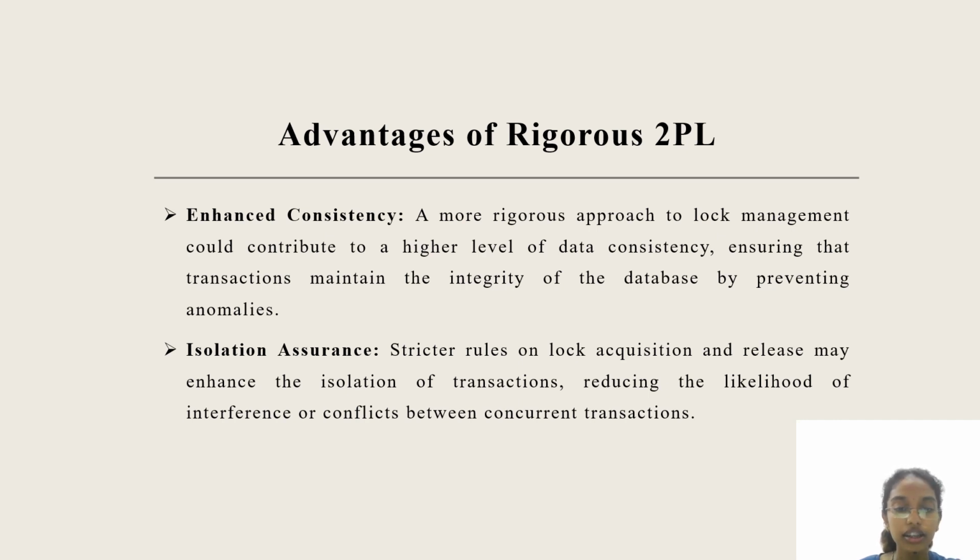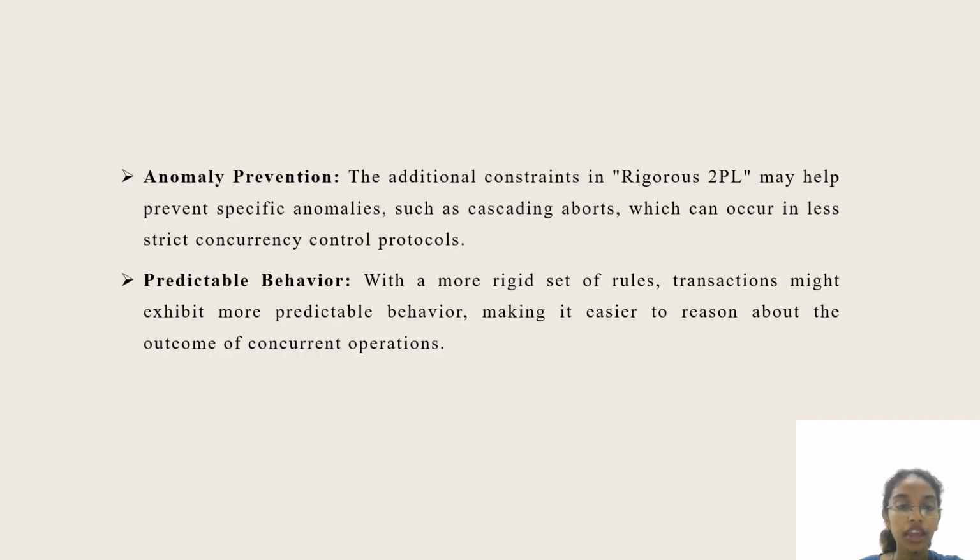Isolation assurance. Stricter rules on lock acquisition and release may enhance the isolation of transactions, reducing the likelihood of interference or conflicts between concurrent transactions. Anomaly prevention. The additional constraints may help prevent specific anomalies such as cascading aborts, which can occur in less strict concurrency control protocols. Predictable behavior. With a more rigid set of rules, transactions might exhibit more predictable behavior, making it easier to reason about the outcome of concurrent operations.